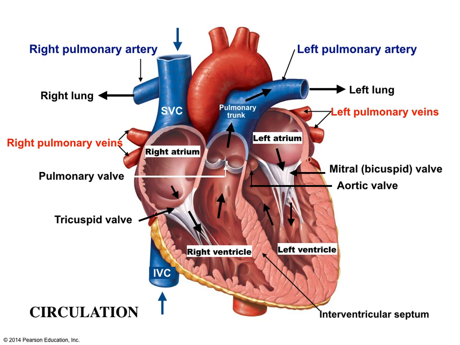From the left atrium, the blood flows through the mitral or bicuspid valve into the thickest-walled chamber, the left ventricle, which then conducts the blood through the aortic valve and into the aorta, hence the systemic circuit.